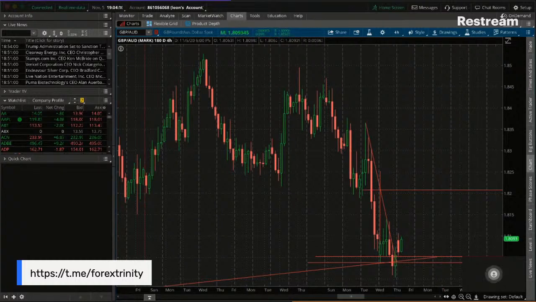Again, I'm going to get started here in a moment, just giving some people a chance. Again, I'm looking at the pound odd right now.